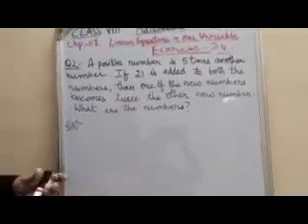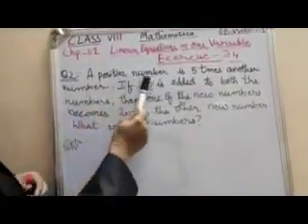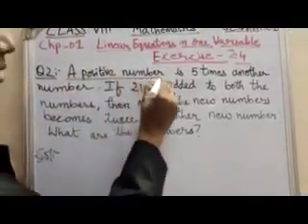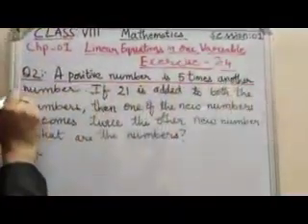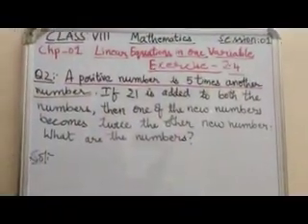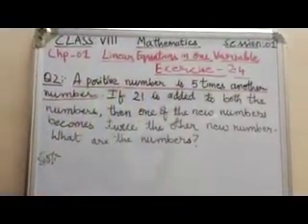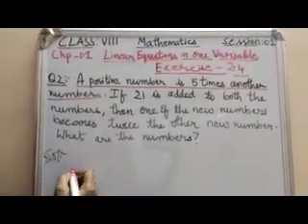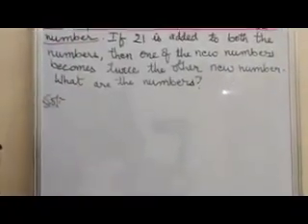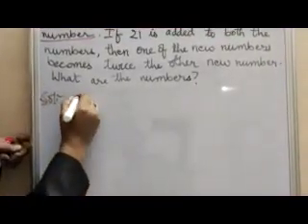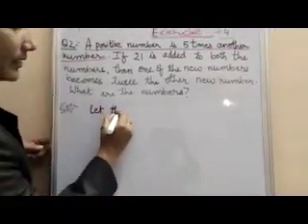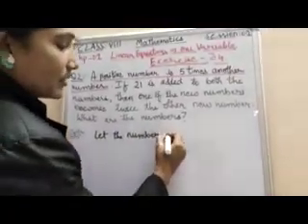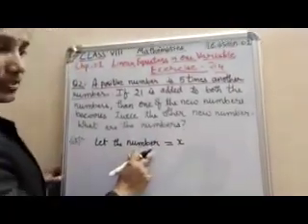Let us see how. A positive number is 5 times the another number. Here is the data related to two numbers. Let the one number be x. Assume it.